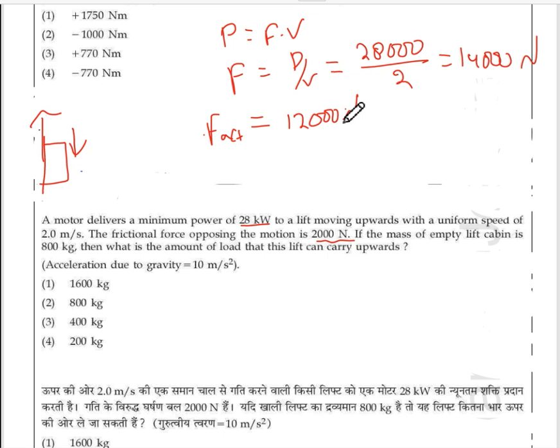Now the question is saying that while the object is moving up, there are two things: the weight of the empty lift and the load. Moving upward means it is against gravity, which is equal to 12,000.